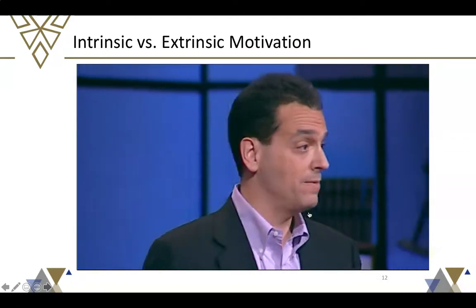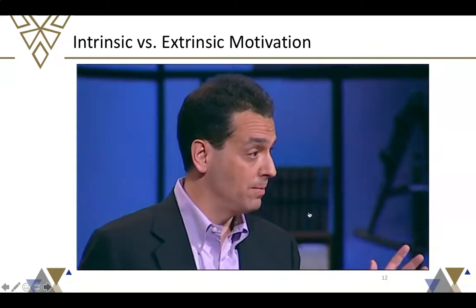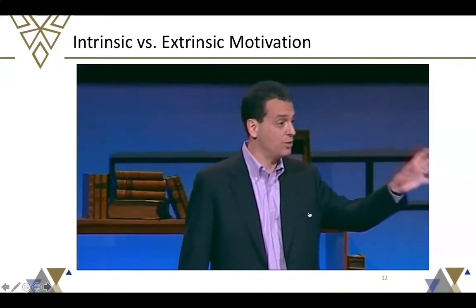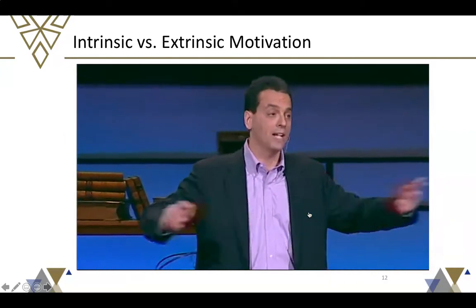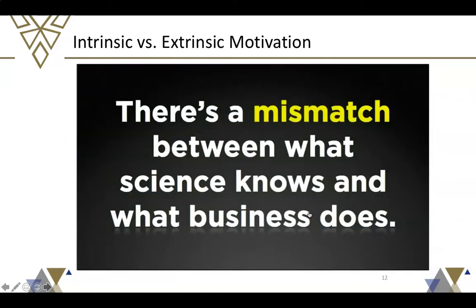I spent the last couple of years looking at the science of human motivation, particularly the dynamics of extrinsic motivators and intrinsic motivators. And I'm telling you, it's not even close. If you look at the science, there is a mismatch between what science knows and what business does.